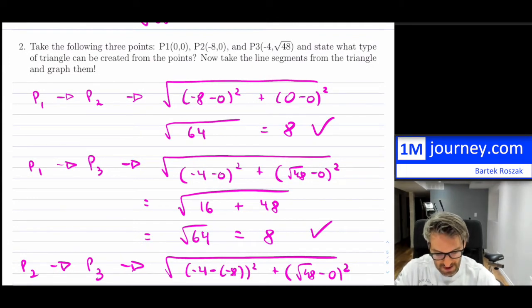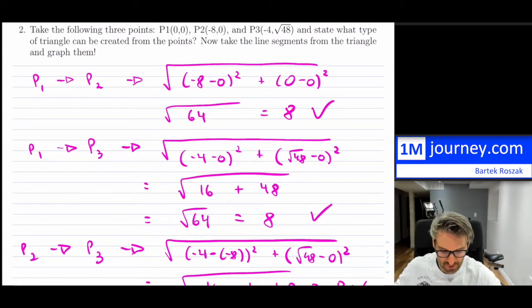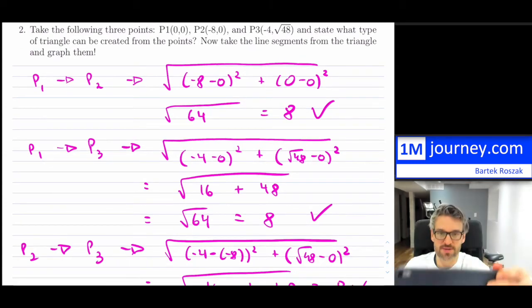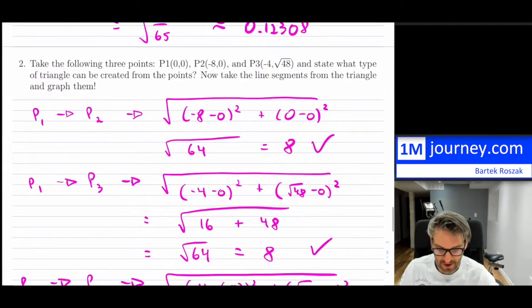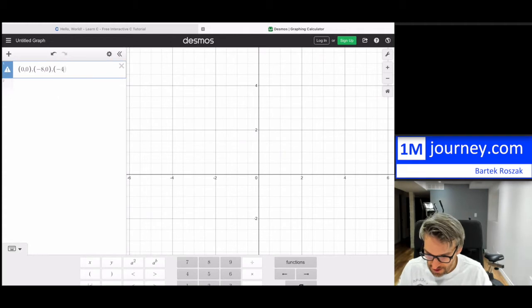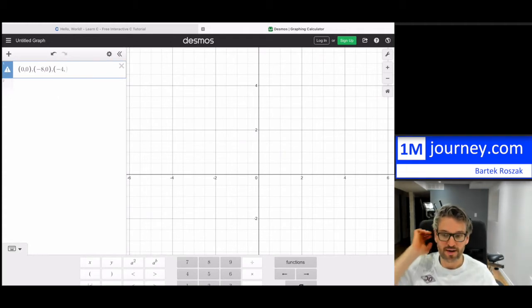So now take the line segments from the triangle and graph them. So you can certainly graph these, we can graph all the points. All right, so let's go back here. Now, square root, you'll find, notice the keyboard is popping up there.